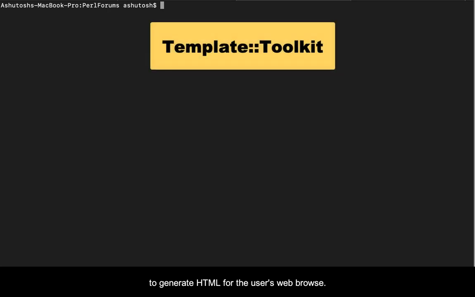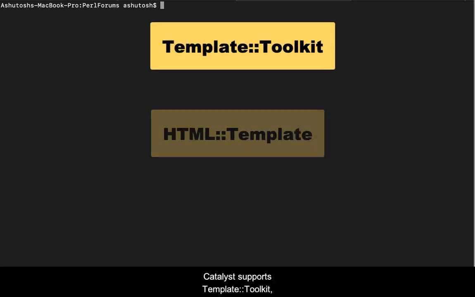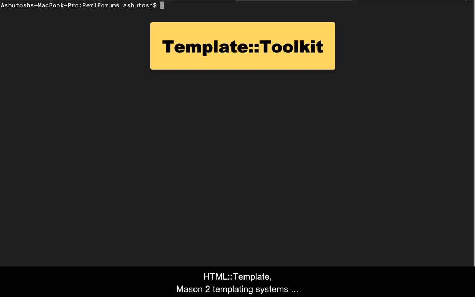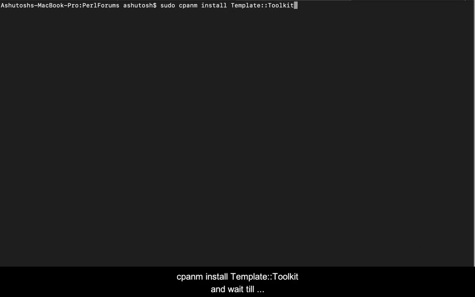Catalyst supports Template Toolkit, HTML::Template, Mason 2 templating systems, and many more, but in this course we use Template Toolkit as the templating system. So please install it using cpanm. Run cpanm install Template Toolkit and wait till the installation completes.